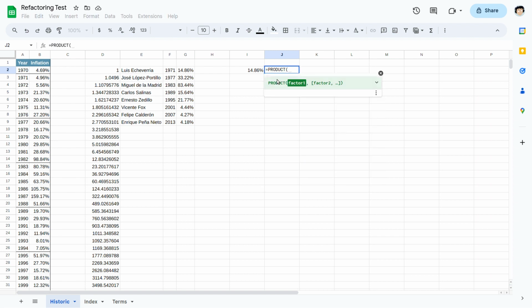I can just multiply all these numbers. The problem is that I need to add 1 to each one of these. Okay, so if I do that here, I'll say this is 1 plus this.